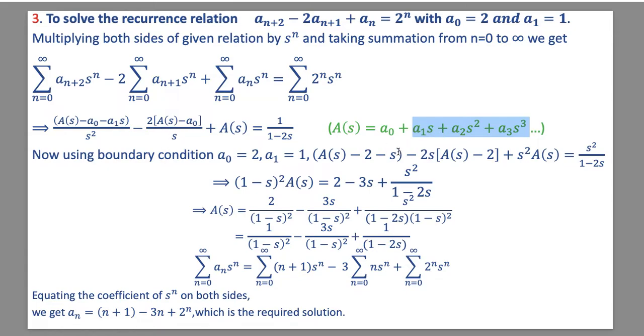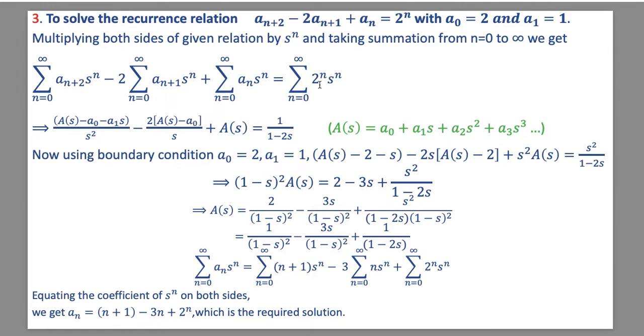If we multiply each term by s, we will get a1 s plus a2 s square plus a3 s cube, that will be equal to f(s) minus a naught, and this is 2. So we have multiplied and divided by s. Now for this, n equal to 0, so this is a naught, s raised to 0 is 1, plus a1 s plus a2 s square and so on. So these are the terms, so it is simply f(s).